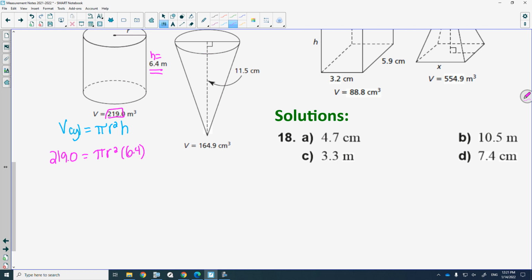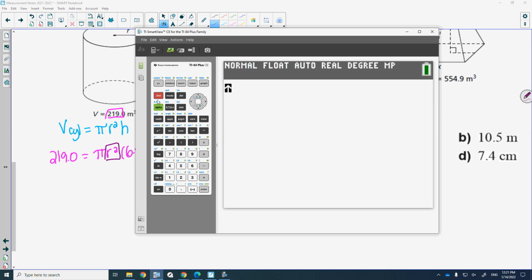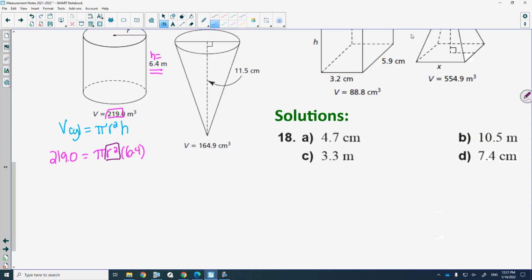Okay, we're going to need to isolate that r squared. But what this is, is pi times r squared times 6.4. So I'm just going to figure out what pi times 6.4 is. So let's figure out what that number is. So pi times 6.4 would be 20.106.